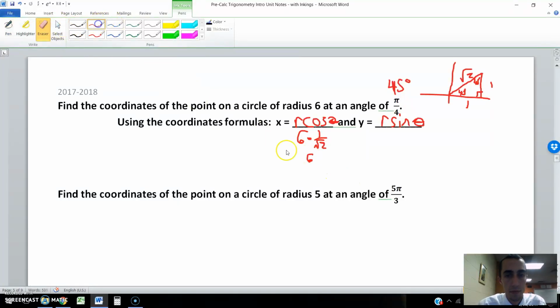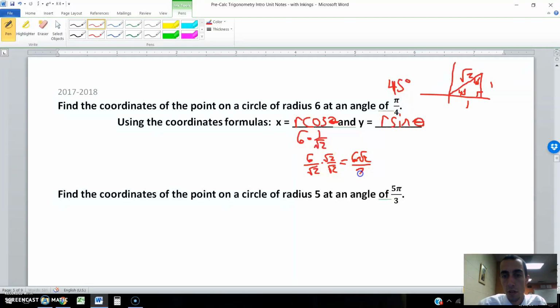Of course, we'll need to get that root out of the denominator by multiplying by root 2 over root 2, which is 6 root 2 over 2. Simplify the 6 over 2 and we'll get 3, and so the x value will be 3 root 2.